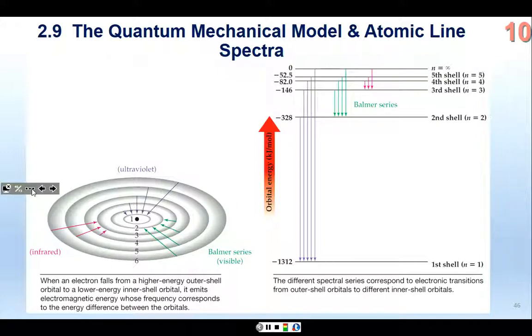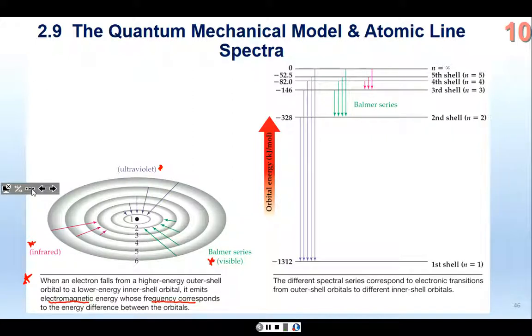So when an electron falls from a higher energy outer shell orbital to a lower energy inner shell orbital, some kind of electromagnetic energy with a specific frequency corresponding to the energy difference of the orbitals will be observed. So it could go in various ways, from ultraviolet range of transitions to infrared range of transitions, and some of them are going to be in the visible range. Those are the ones we'll most often see.